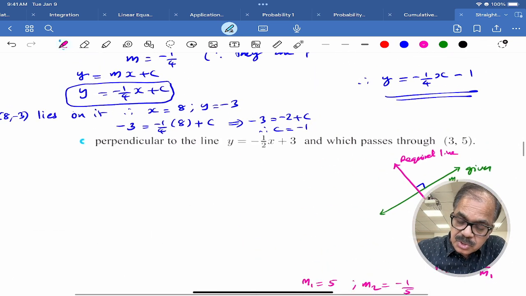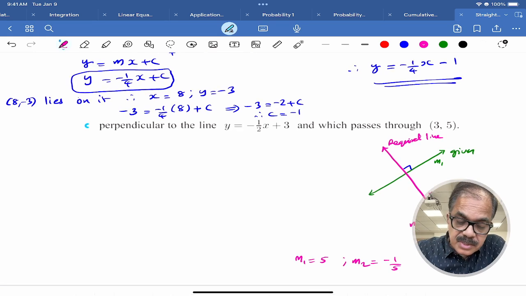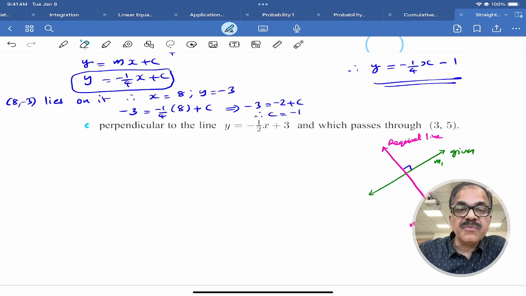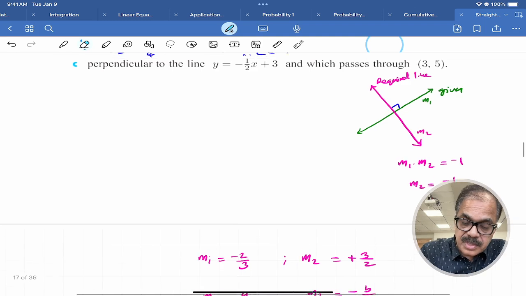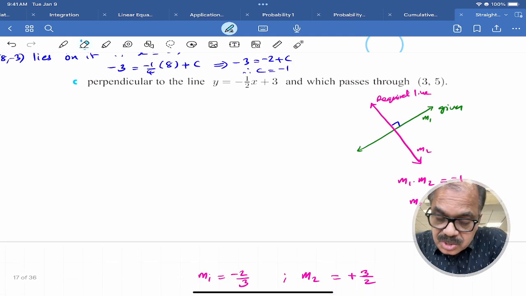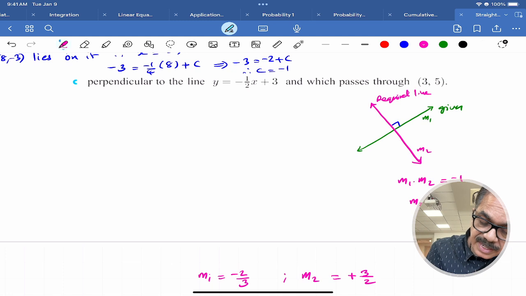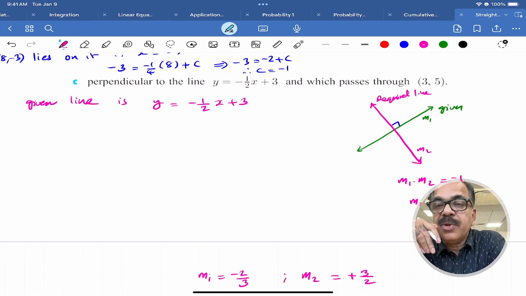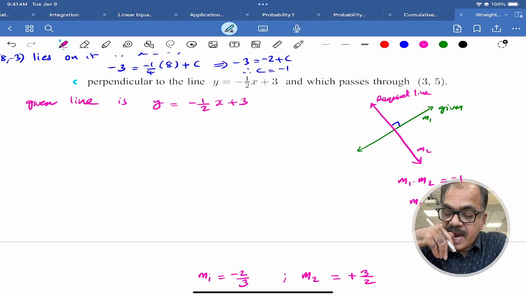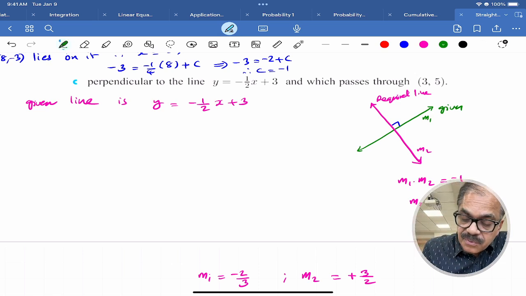Alright, so let's try this question here. I'm going to leave the part which we discussed as it is and work out this question. There is a line given to us, so we're going to start with the given line. The given line is y is equal to negative 1 by 2x plus 3, which is in the standard format y is equal to mx plus c.